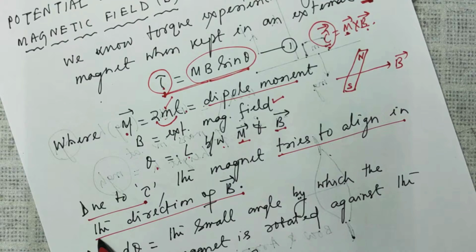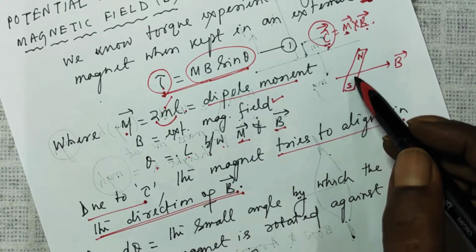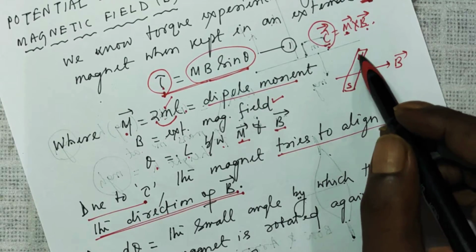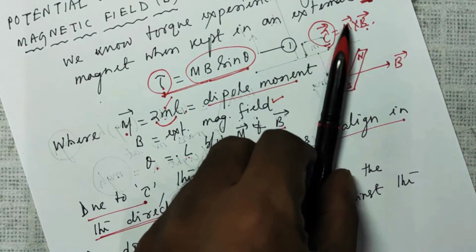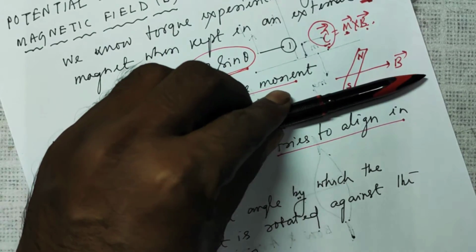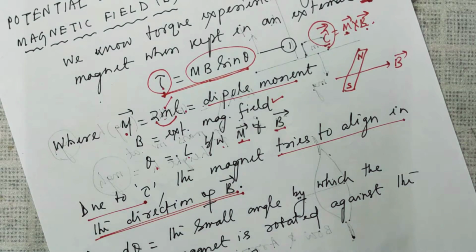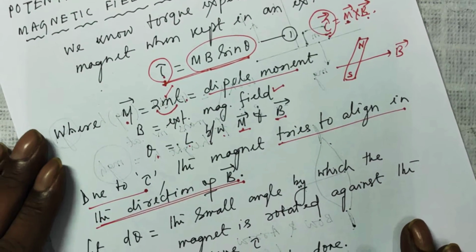It tries to align in the direction of B. Due to the torque, this bar magnet will try to rotate like this and will align itself in the direction of B. This is what it does.